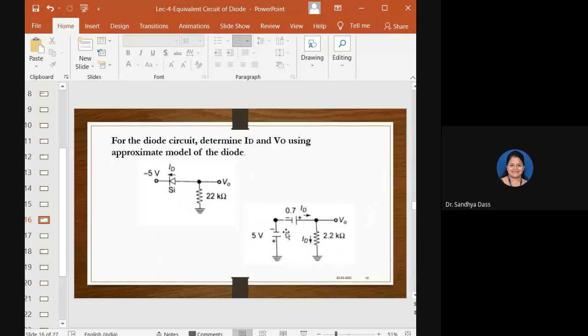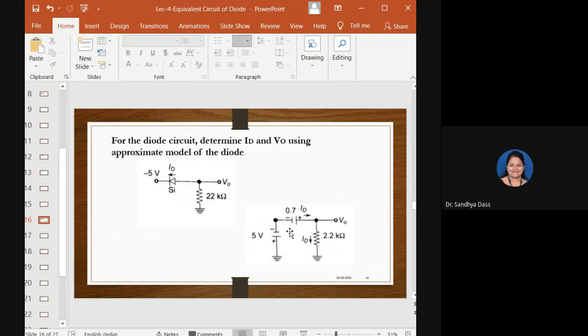I hope you know how to apply KVL. So going in this direction, following the arrow, plus 5 minus 0.7 plus ID into 2.2K is equal to 0. Am I right?